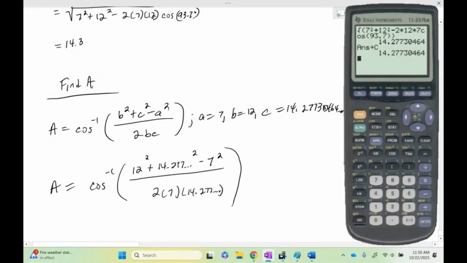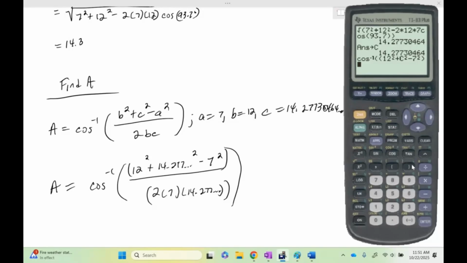Okay, so I think it looks something like that. So I'm going to put this in as the arc cosine. I'm going to put in a begin parenthesis for the numerator: 12 squared plus C squared minus 7 squared.